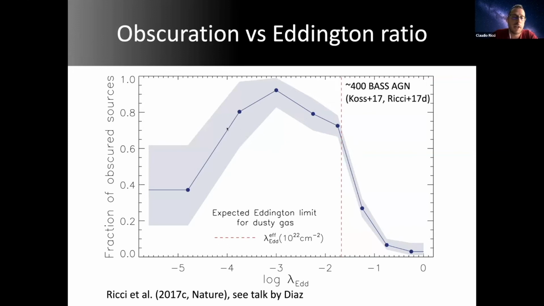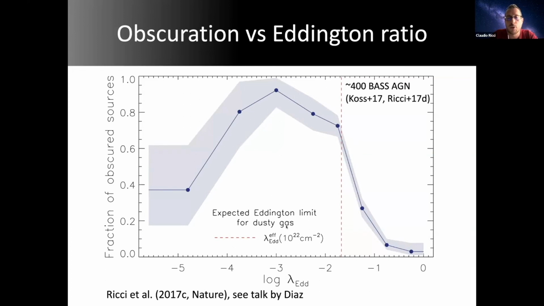And we found that, so again, here you have the fraction of obscured sources, but this time against the Eddington ratio. And you can see that things are quite flat up to a certain value above which there is a very sharp decline. And the interesting thing here is that this decline corresponds to the expected Eddington limit for dusty gas.